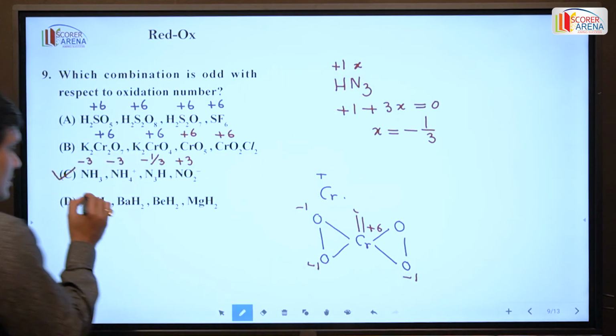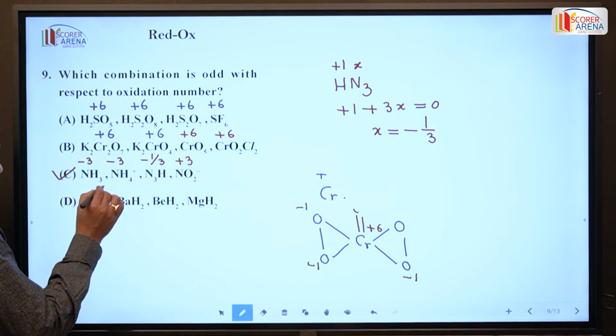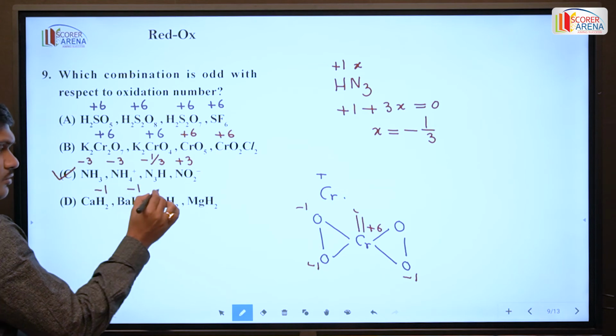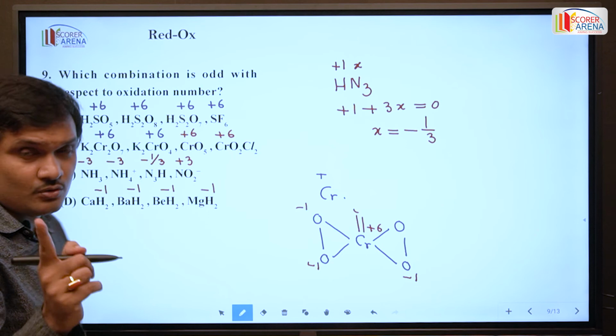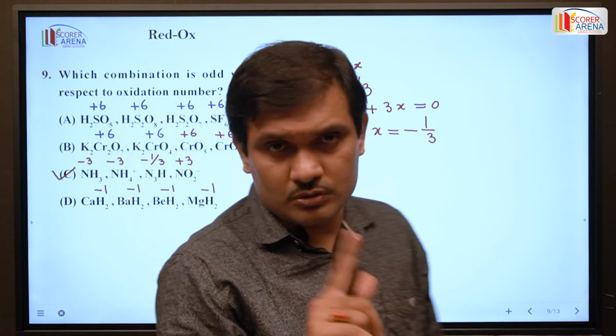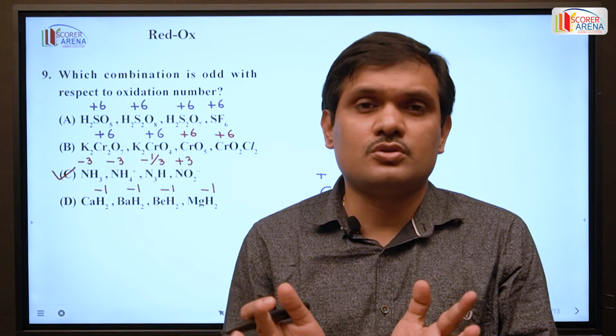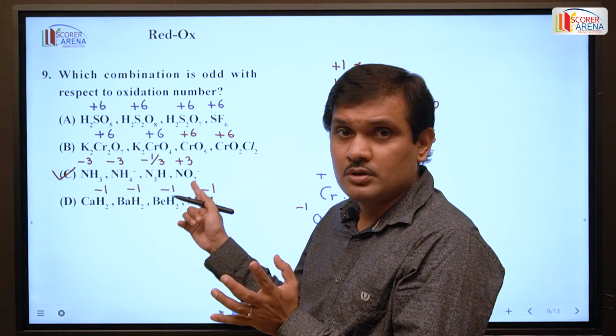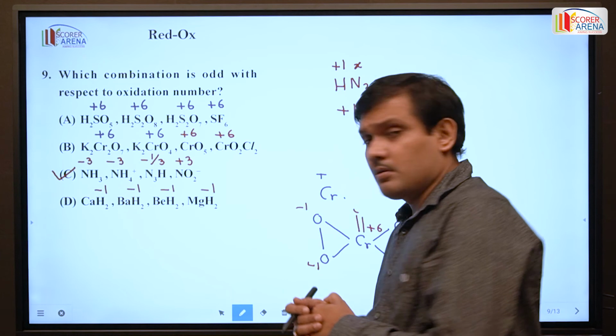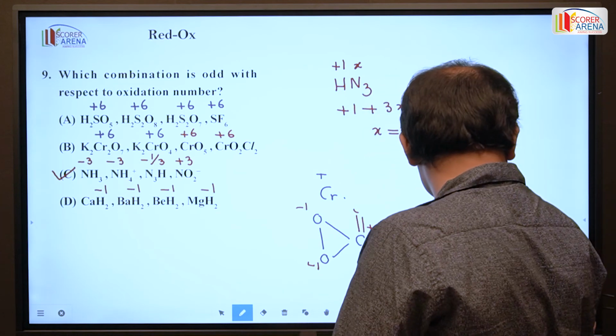So calcium is +2, hydrogen -1, and here also hydrogen -1. So in all the cases we are getting hydrogen -1. So it is not an odd situation either. The odd situation appears only in the case of option C. Now move to the next question.